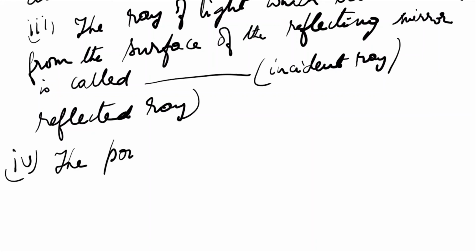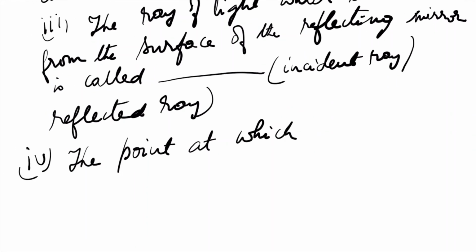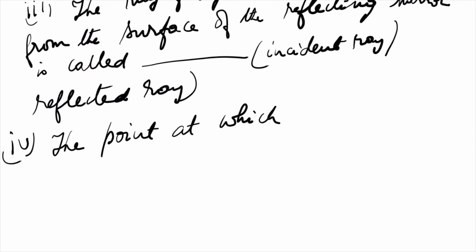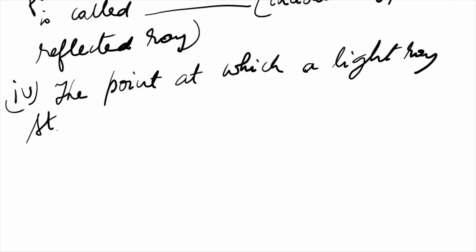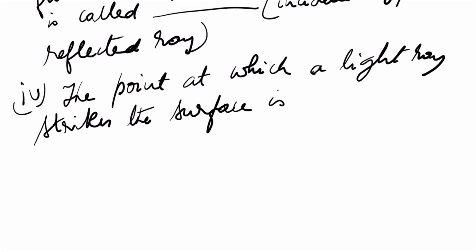The point at which a light ray strikes the surface is called dash.